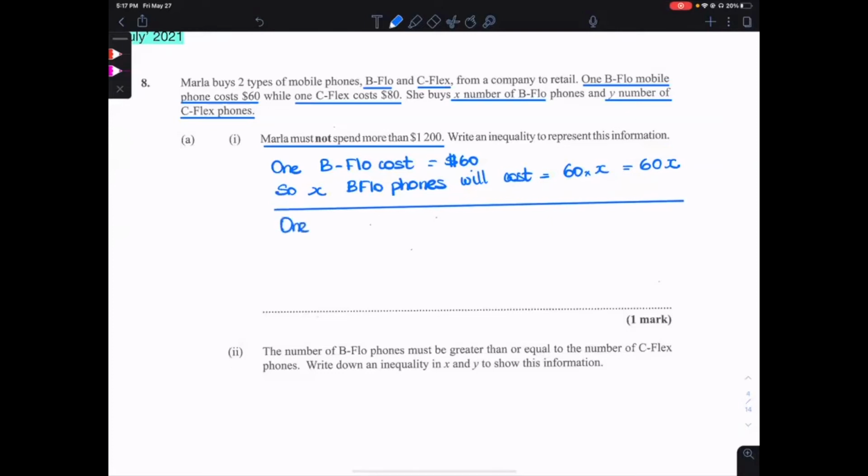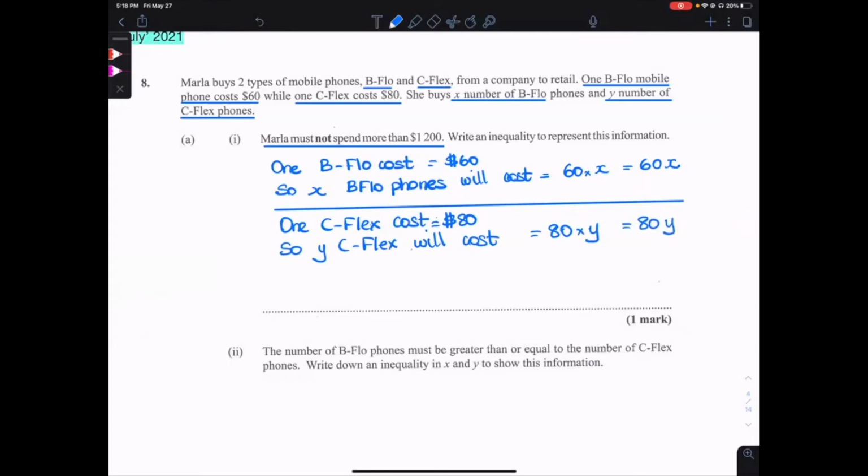One C-Flex costs $80. So Y C-Flex will cost 80 multiplied by Y, which is 80Y.